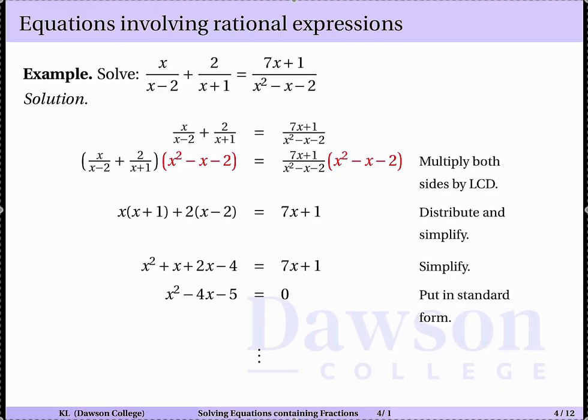Now we are left with a quadratic equation. So we can use the quadratic formula. But in here, what I'm going to do is to use factoring. So you can factor this into x minus 5, x plus 1 equals 0.